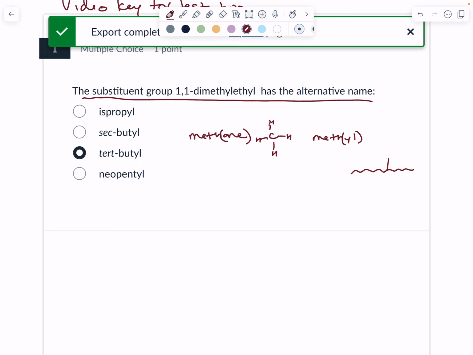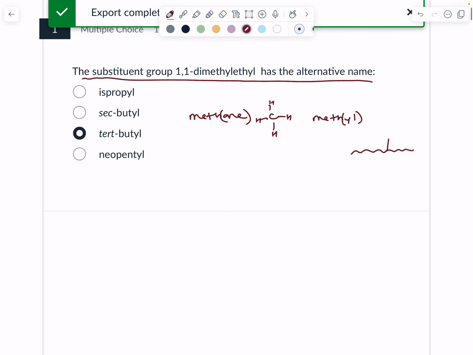So this is asking, what if you had a substituent that you would name 1,1-dimethylethyl? If we had a parent chain, and off of that parent chain is an ethyl group, I'll start with just that. That's the parent chain of the substituent. Substituents, if they are more complex than just one or two carbons, you have to name their parent chain as well. In this case, this parent chain is ethane.